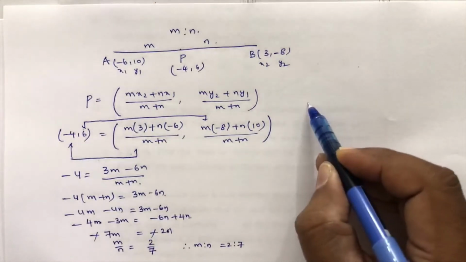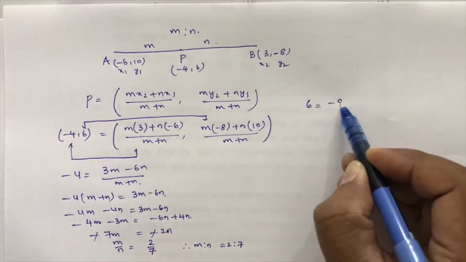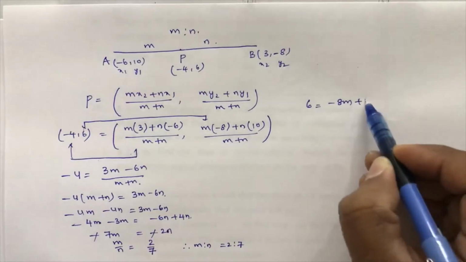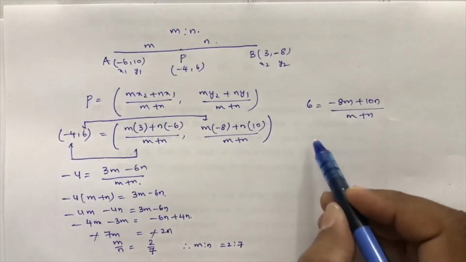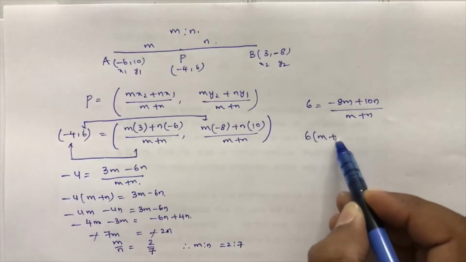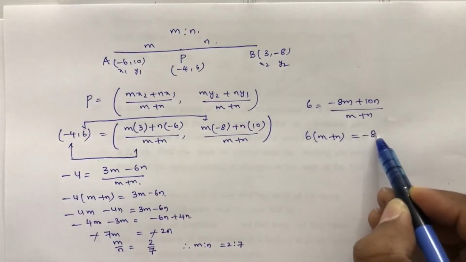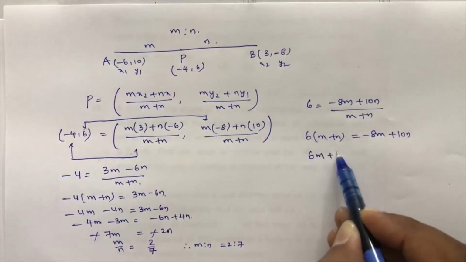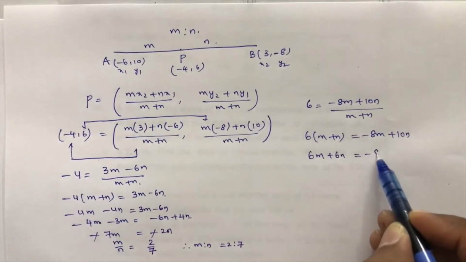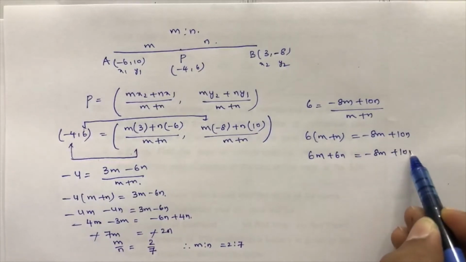Now see, I'll equate 6 equals minus 8m plus 10n by m plus n. If you cross multiply, 6 into m plus n equals minus 8m plus 10n. 6m plus 6n equals minus 8m plus 10n.